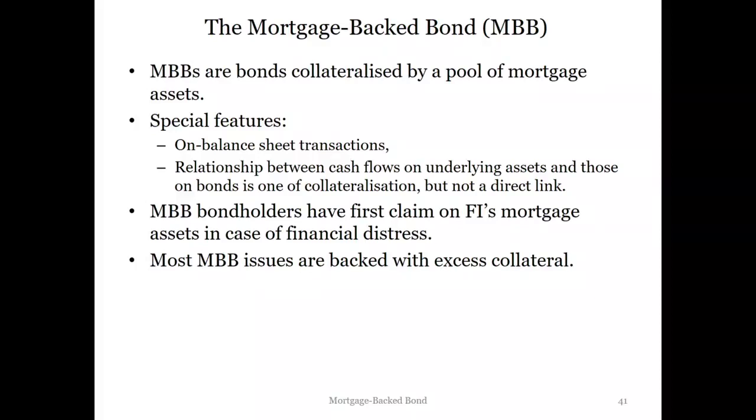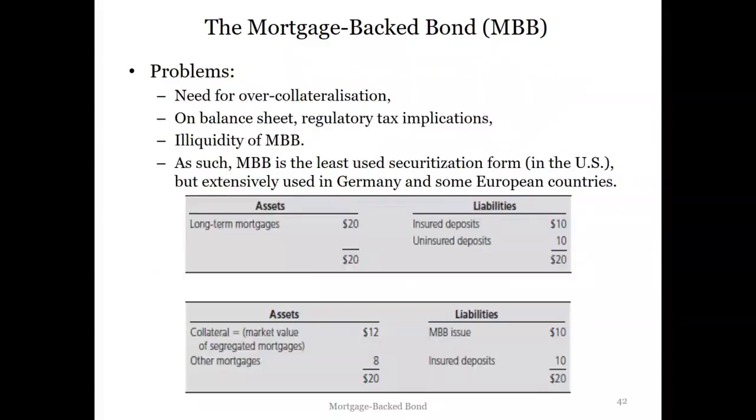And you can think about it, when you use mortgage loans as collateral, they still sit on the balance sheet of the bank. There is no selling of the loans or anything. So there is no benefit that the bank can enjoy from the ordinary securitization process. They still sit on the bank's balance sheet, leading to huge regulatory tax, all of those problems.